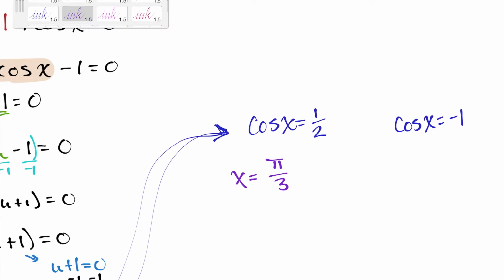But not only is cosine positive in the first quadrant, pi over 3 is also positive in the fourth quadrant because it's an x value, and x is positive in the first and the fourth quadrants. What? And so that means that I'm also looking at 5 pi over 3, which is the similar angle to pi over 3.